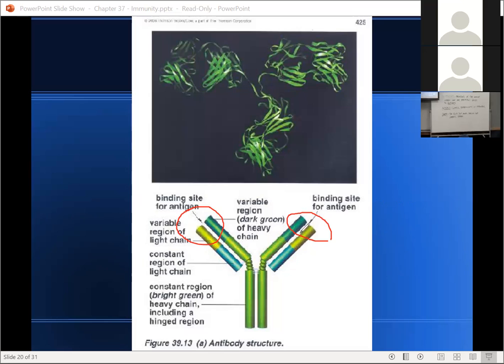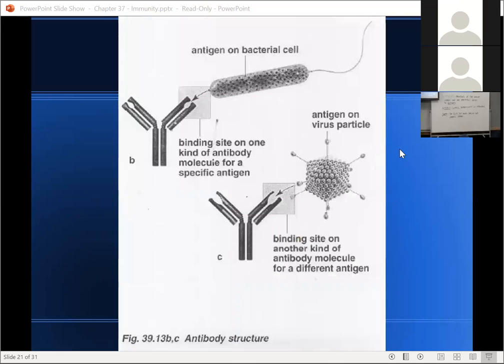So they have 2 identical binding sites, again, that's going to recognize part of that antigen that they were activated by. So if, for example, the antigen that activated the plasma cell that made this antibody was on the surface of a bacterial cell, this part of the antibody is going to bind to that antigen.